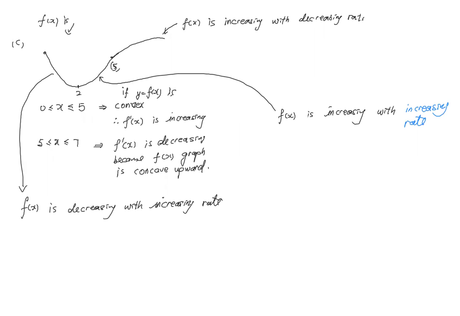Okay, this one also is f(x) is decreasing with decreasing rate. This one we have to put decreasing rate because the decreasing here means negative gradient already. Yeah, here you have to put decreasing rate. Okay, so that is how I get the answer. You can go for f double prime, or you can look at the shape. So it's your choice.